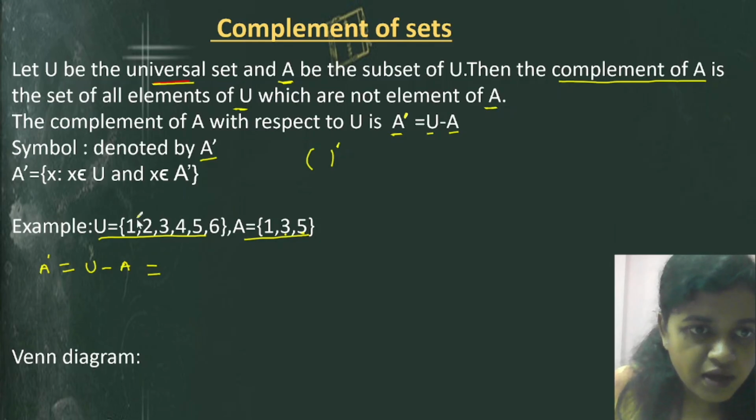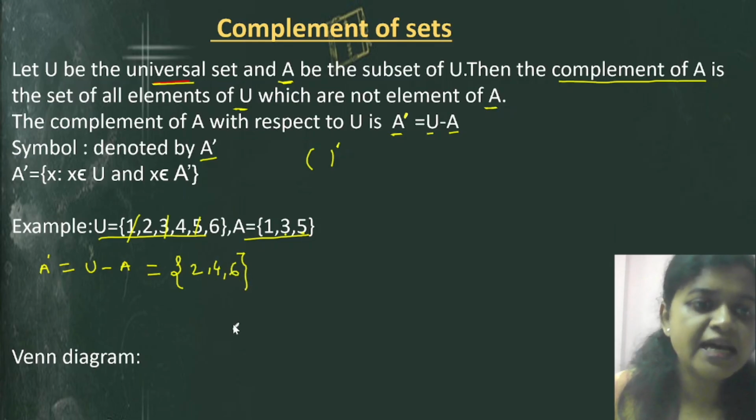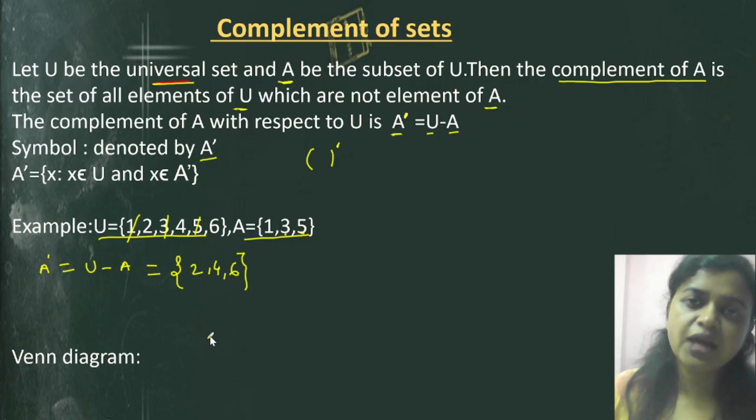So if you remove 1, 3 and 5, we'll get the remaining elements 2, 4 and 6. This is the element of A complement.